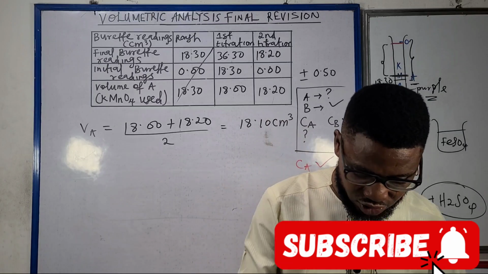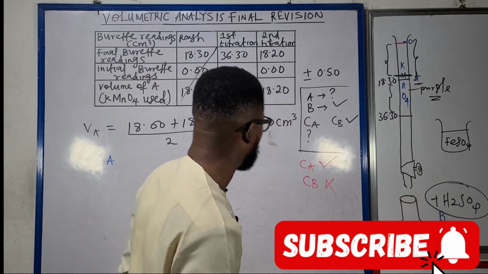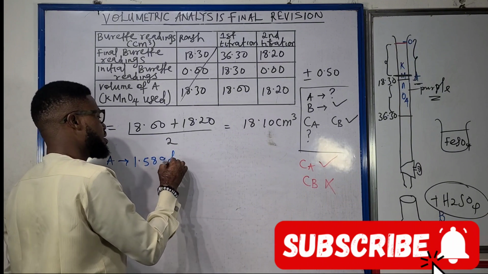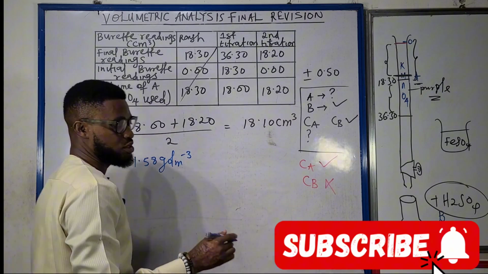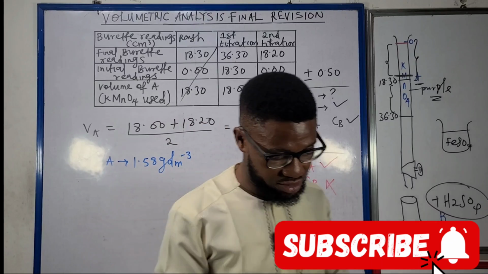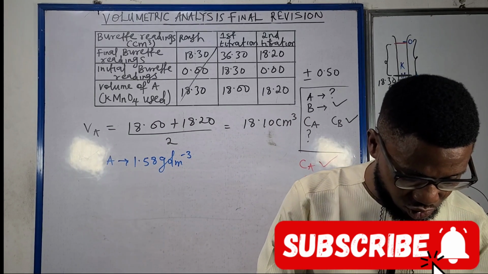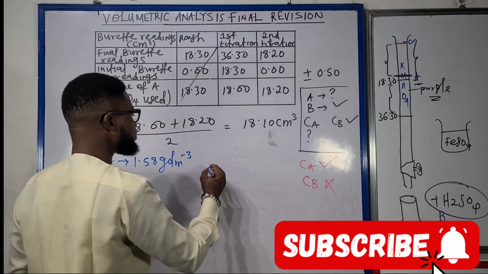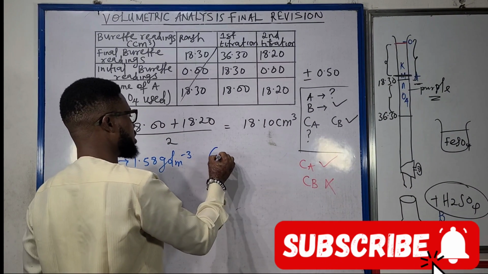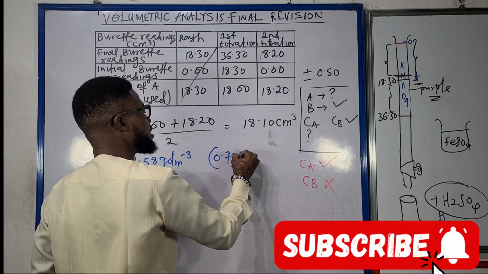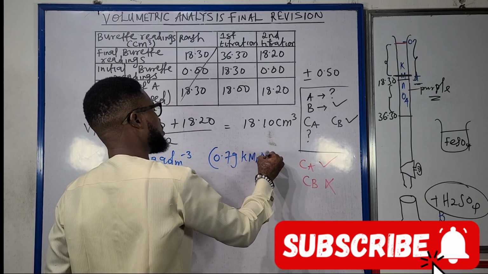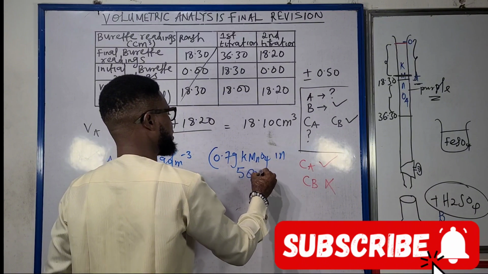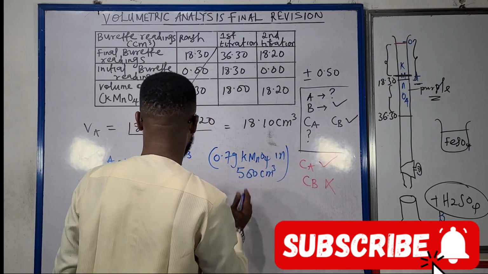So looking at the question, it says is a solution of 1.58 gram per dm cube. Yes, we were given a direct mass concentration for A there of potassium permanganate. Or better still, they might put it this way: 0.79 gram KMnO4 in 500 cm cube of the solution.